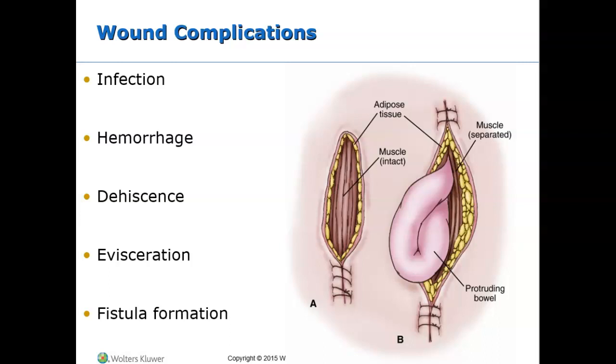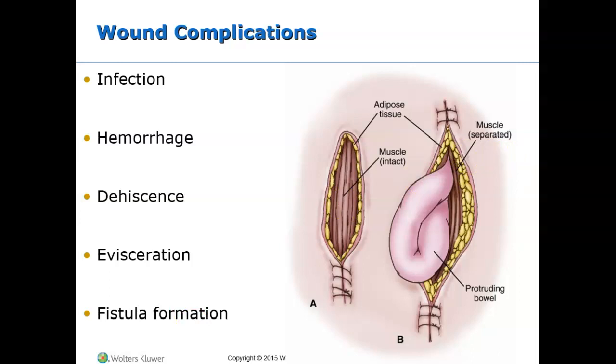Immediately cover the wound with sterile towels or dressings soaked in sterile saline solution to prevent the organs from drying out and becoming contaminated with environmental bacteria. So I would definitely know if you have a wound that is an open abdominal wound, you need to keep that moist. Why? Because the internal organs are moist. If you put dry materials over it, you're going to dry it out. We do not want to dry out our bowels. That would be a bad thing.